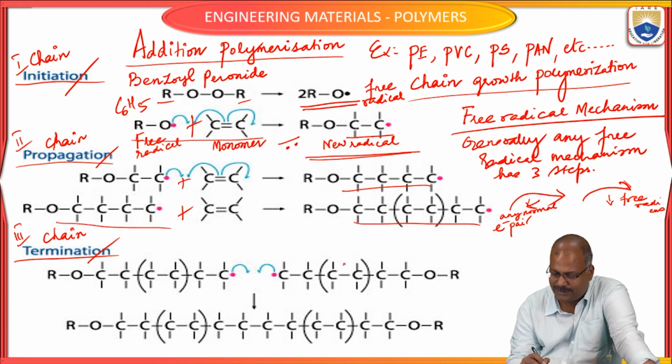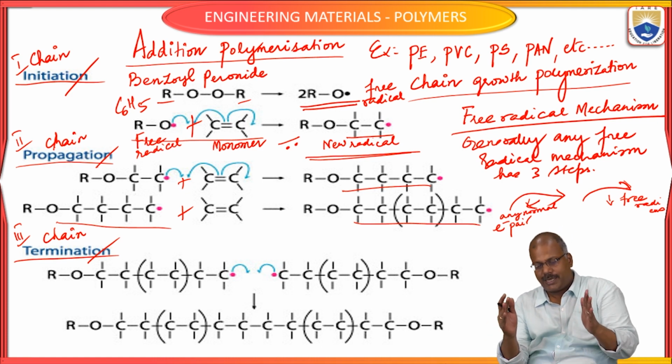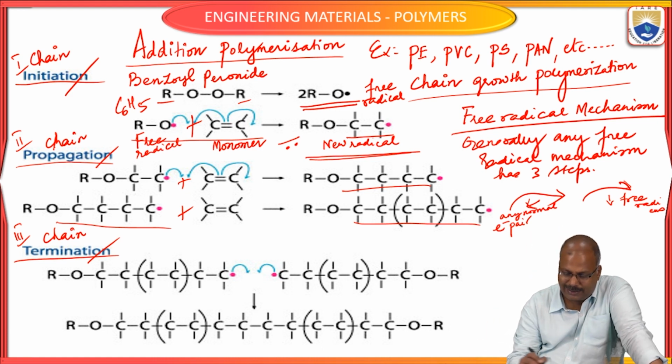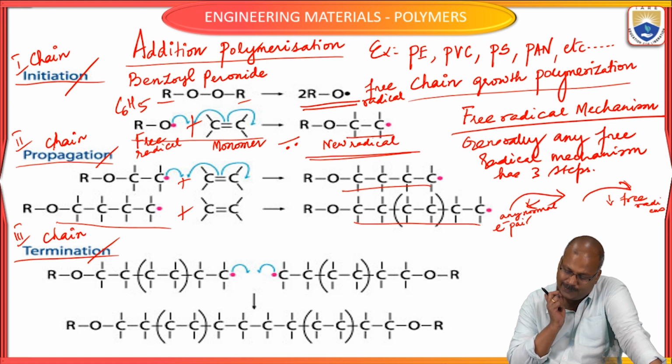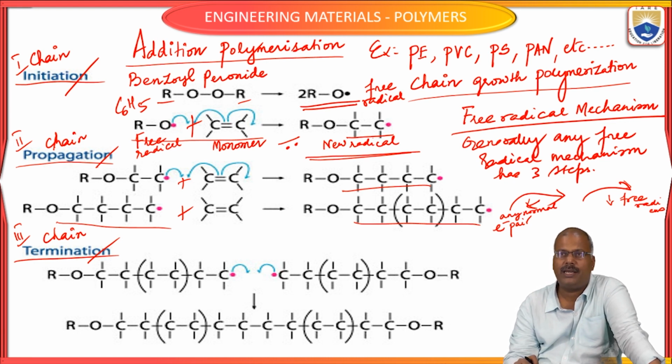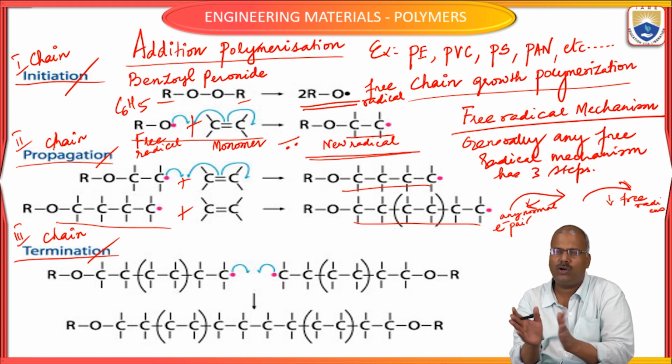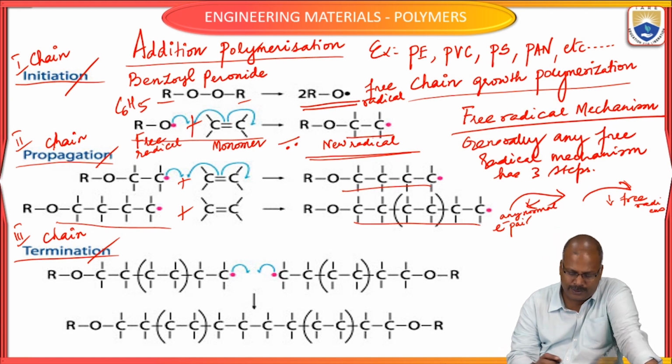Like that, the chain keeps on propagating, as long as free radicals are available. It will stop only when the free radical formation stops, or the free radical is fully consumed, or free radicals combine to form a normal molecule. That is called the chain termination step.